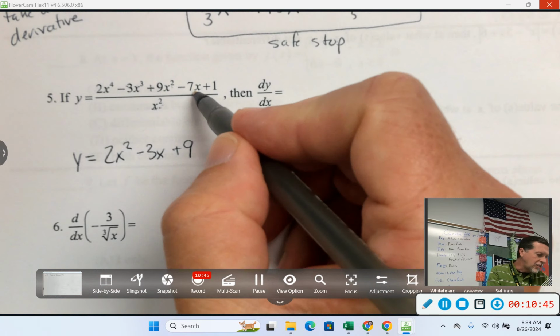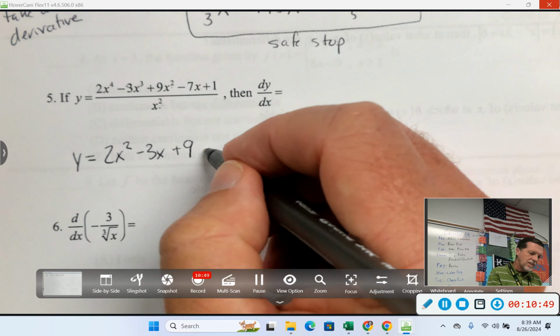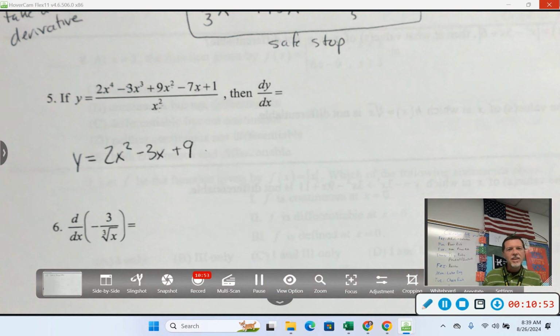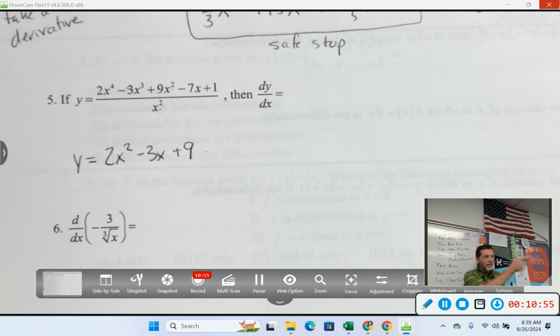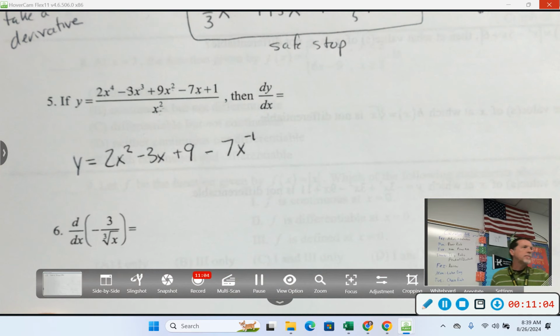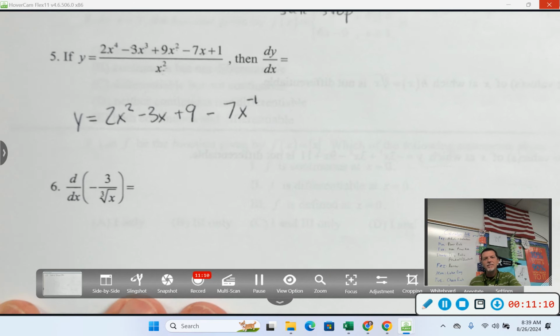What about negative 7x over x squared? What does that reduce to? Let's do it that way. You could do negative 7 over x. That would be true, but I want a power, so let's do minus 7x to the negative 1. That's the same thing as 7 over x, but I can't take a derivative of 7 over x yet.